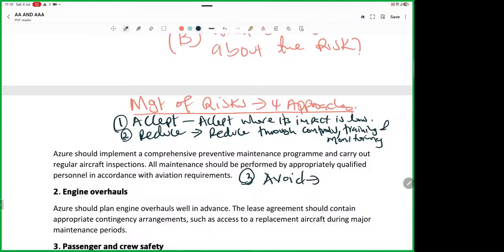When the risk is very, very high, always avoid. Unacceptable risks. Number four, transfer. Transfer risk through insurance.